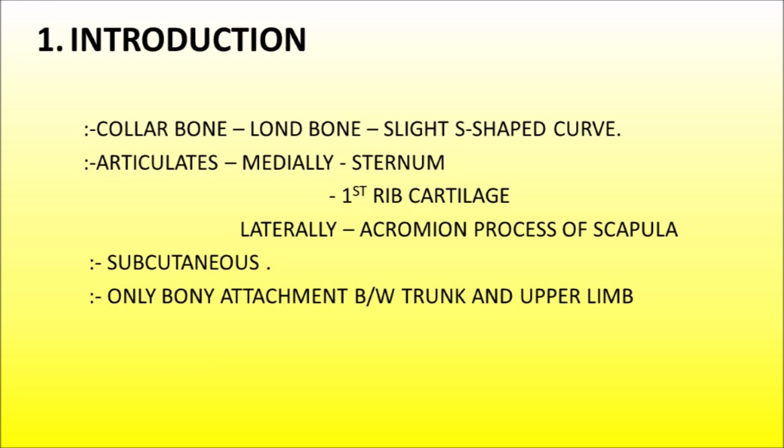It is located horizontally on the anterior aspect of the body at the junction of the root of the neck and the trunk. It articulates medially with the sternum and the first rib cartilage and laterally with the acromion process of the scapula. It is subcutaneous, and so it can be palpated through its entire extent. It is the only bony attachment between the trunk and the upper limb.